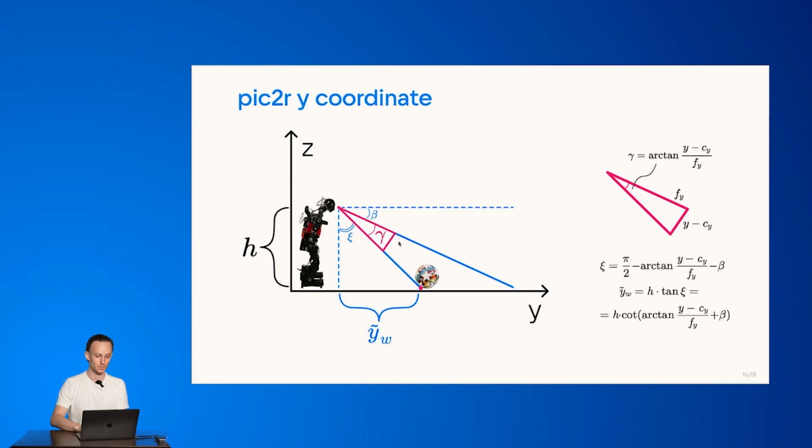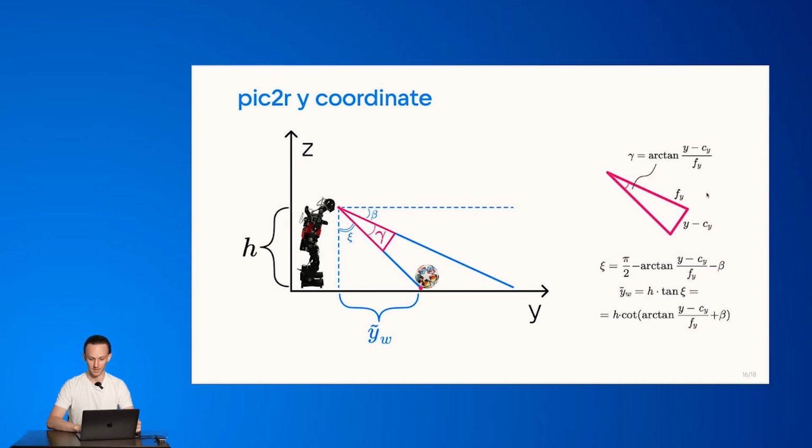The next thing that we need to find is the gamma angle, and the gamma angle is being calculated from the model of the camera. Let's take a look at the right side of the slide.